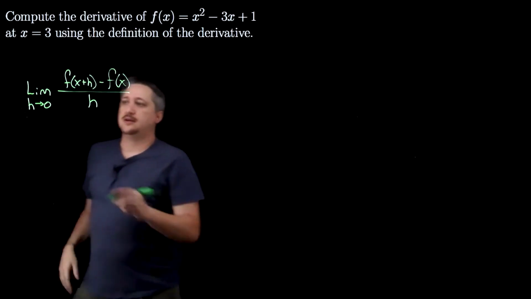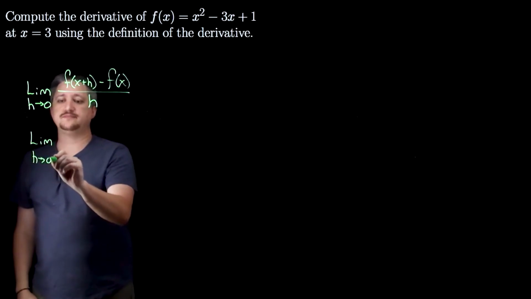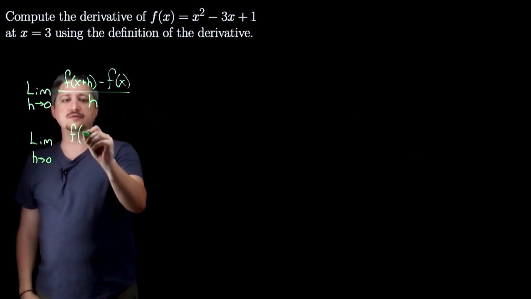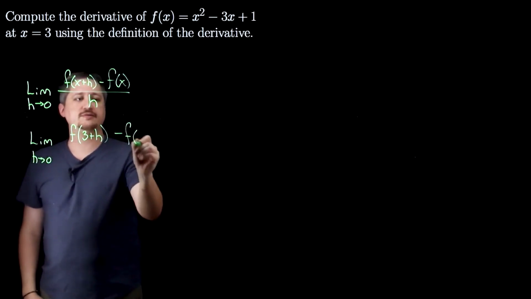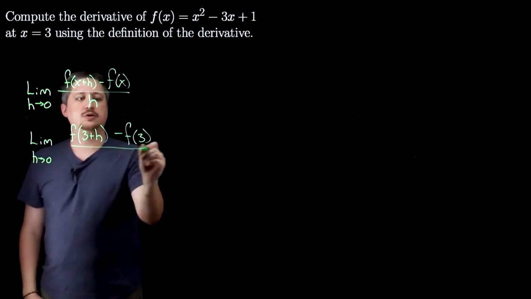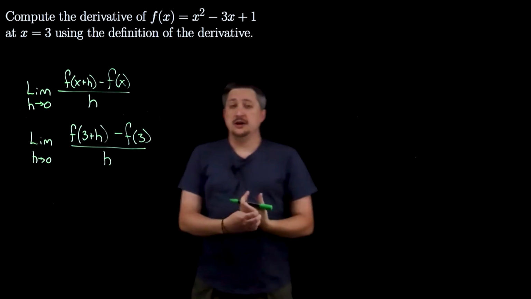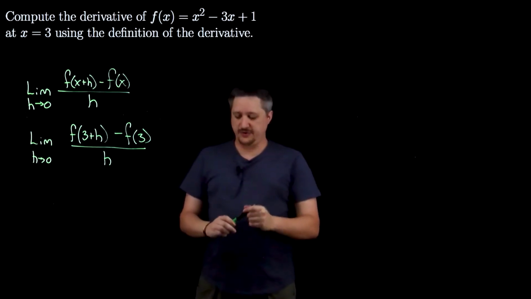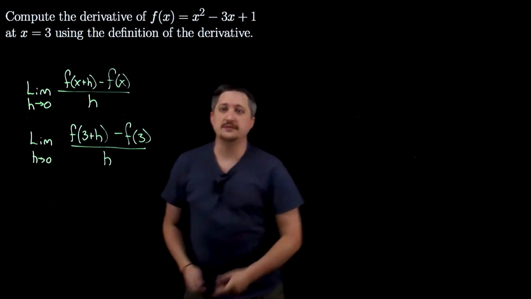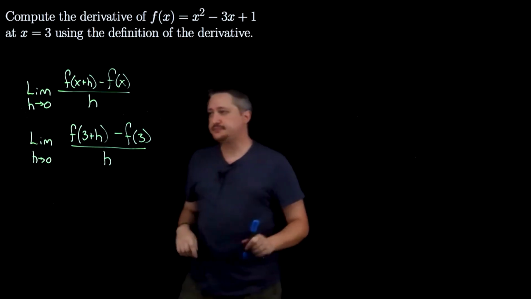So I want to know the limit as h goes to 0 of f of 3 plus h, because my x is 3, minus f of 3, all over h. Okay, so the first step is to substitute in the definition of the function f of x.